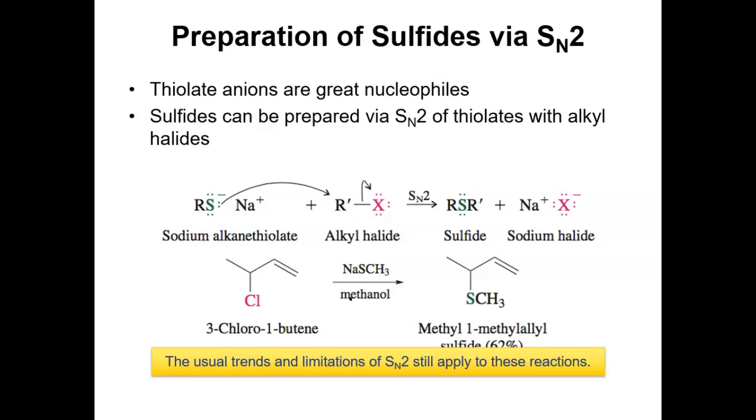But now we are using a sulfur version of Williamson ether synthesis. So what's the difference between thiolate and alkoxide? If you compare and contrast them, first, in terms of nucleophilicity, which one is better?